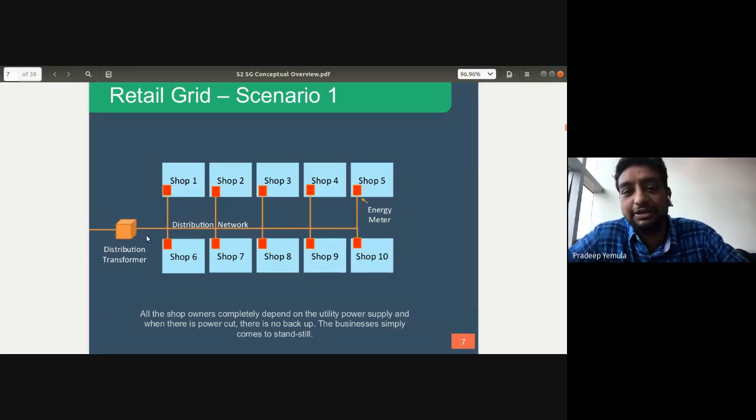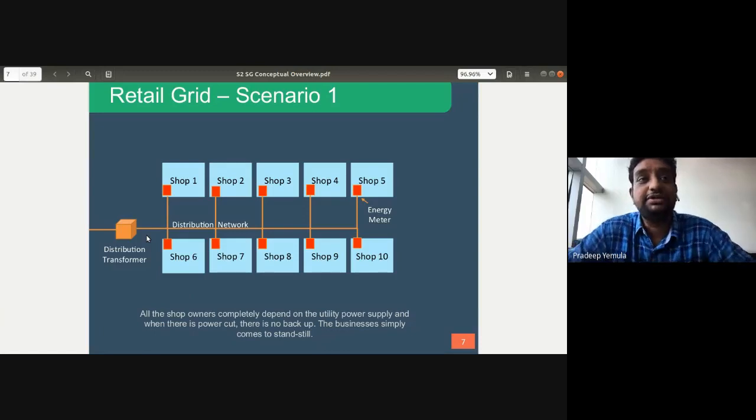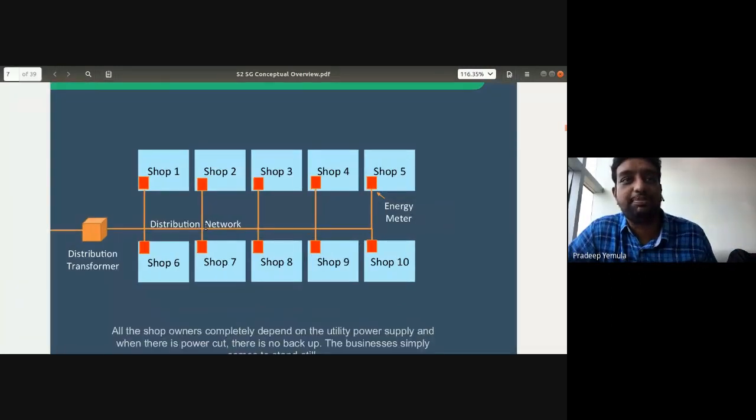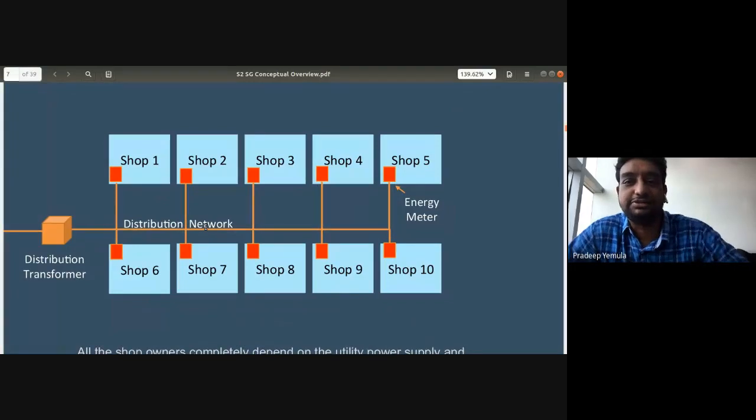There is no backup for the shops. And if a shop or any commercial place loses power, then the customers also go and the business will stop. So in order to avoid that, what does a shop owner do? Can anybody suggest what a shop owner does to avoid this problem of depending on the distribution transformer?